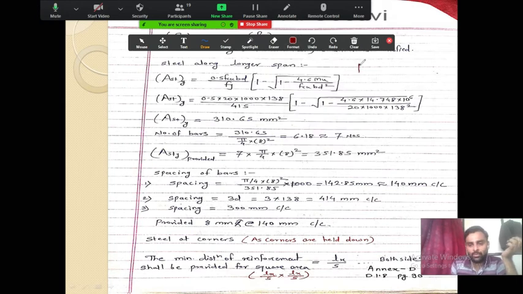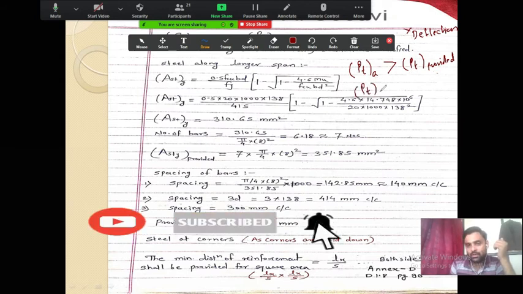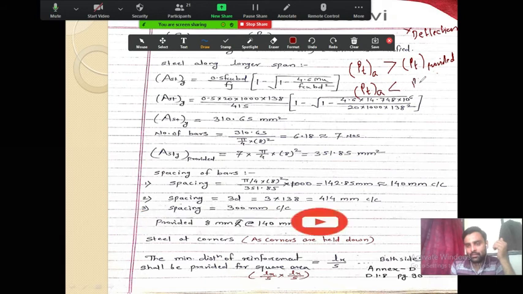When the percentage of steel assumed is greater than the percentage of steel provided, don't take the check for deflection; it is always safe. But if the percentage of steel assumed is less than the percentage provided, then you must take the check for deflection.